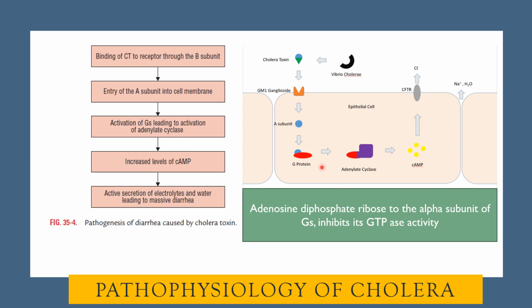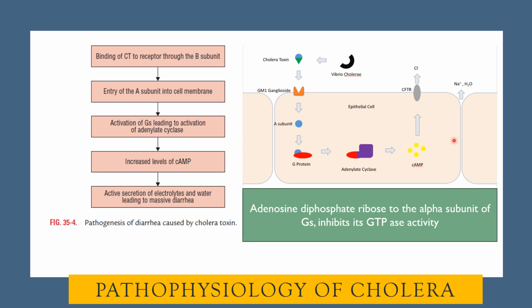So first this toxin will bind with this Gs protein and inhibit the GTPase activity. Thereafter, the constitutively activated G protein will produce prolonged stimulation of the adenyl cyclase, and as a result of this, there will be a marked increase in the intracellular cAMP or cyclic AMP concentration.